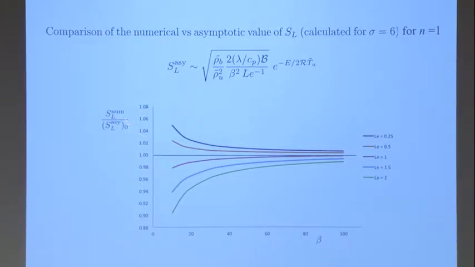This graph shows you the ratio of the laminar flame speed computed numerically, solving the mathematical problem that I posed before, relative to the value obtained from this formula from the asymptotic case. And I think this was done for n equal to 1.